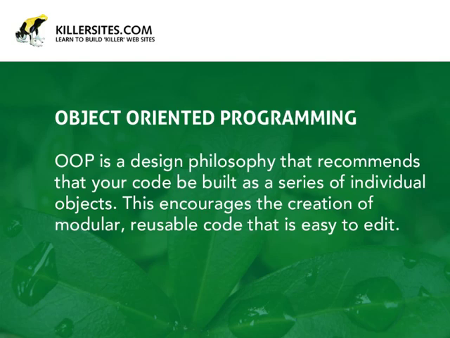For example, in this course, we're going to be creating a variety of objects to help us build our e-commerce system. These include things like a database object, which we created in an earlier video, which connects to our database and allows us to retrieve data. There's also going to be a template object, which is used within the MVC system to display views and to pass data and alert messages from our controllers to our views.